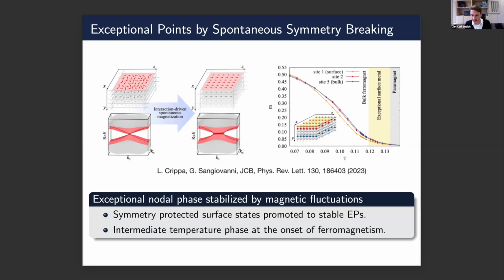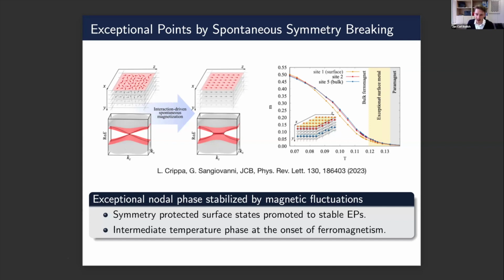But here, in some extended temperature region, you have an imaginary part driven by magnetic fluctuations at the onset of magnetic order. You have this imaginary part, similar to the dissipative magnetic lead, but somehow as an intrinsic property of the system, that then leads to this exceptional point structure as a consequence of spontaneous symmetry breaking.